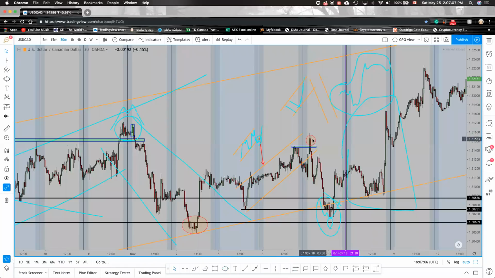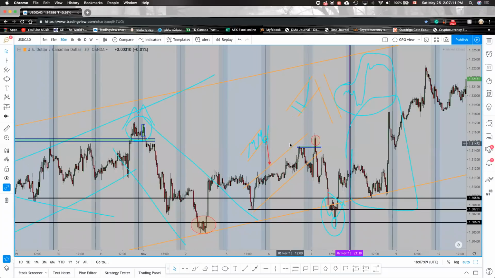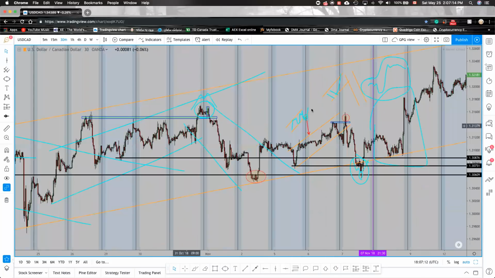And why am I saying not to sell here? Because all the traps are in line, that sellers are being trapped. You see, sellers are being trapped here. And then what happens? Look at here.